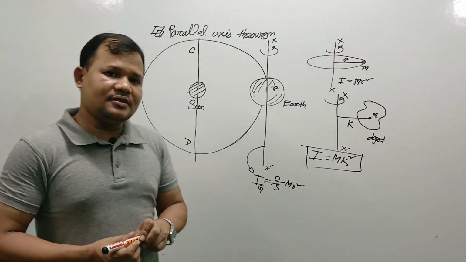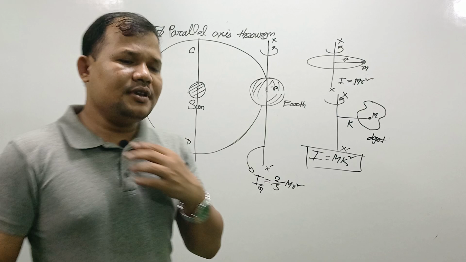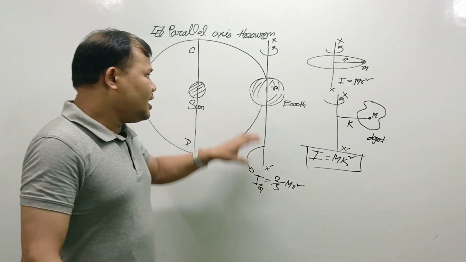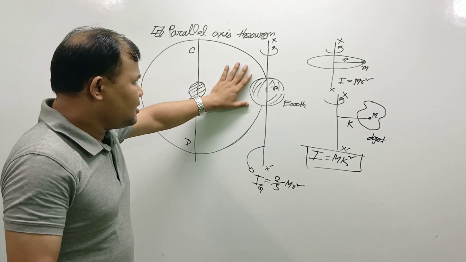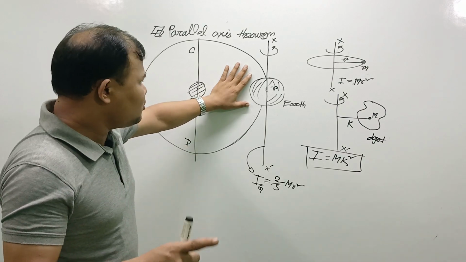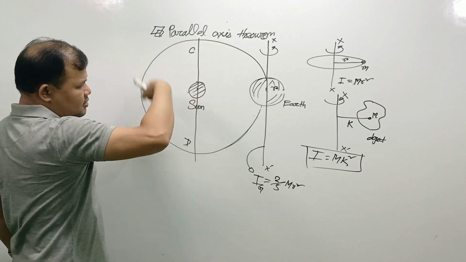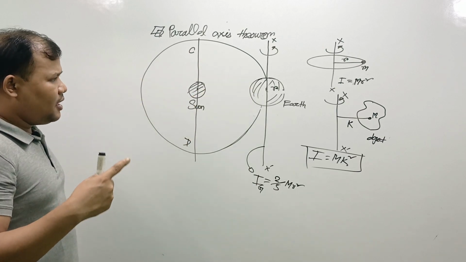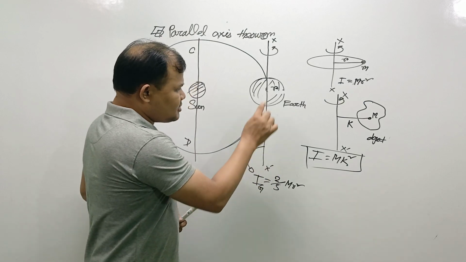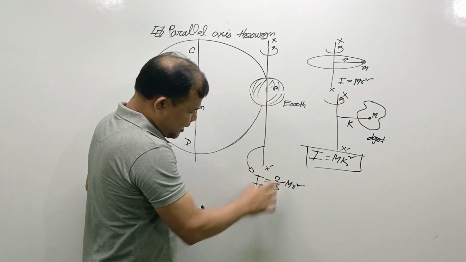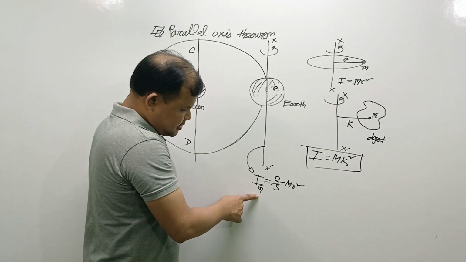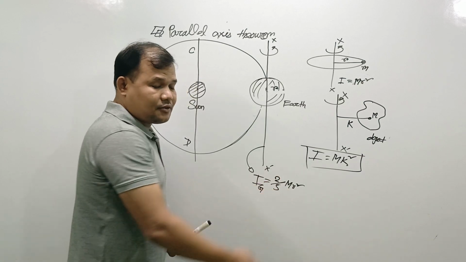In our previous lecture we already learned that in the case of a solid sphere the moment of inertia is 2/5 mr². As this earth rotates around its own axis and also around the sun, because of rotating about its own axis, this earth has a moment of inertia Iz equal to 2/5 mr².